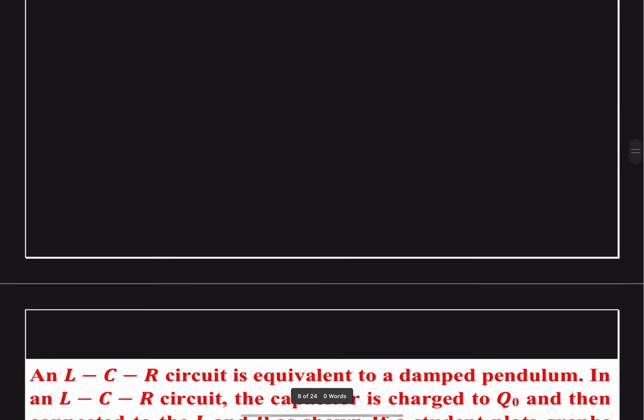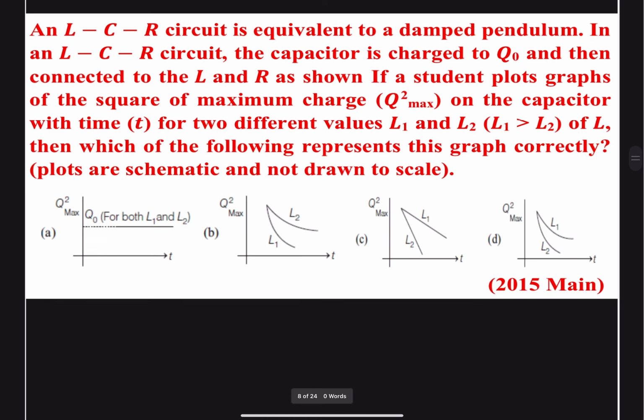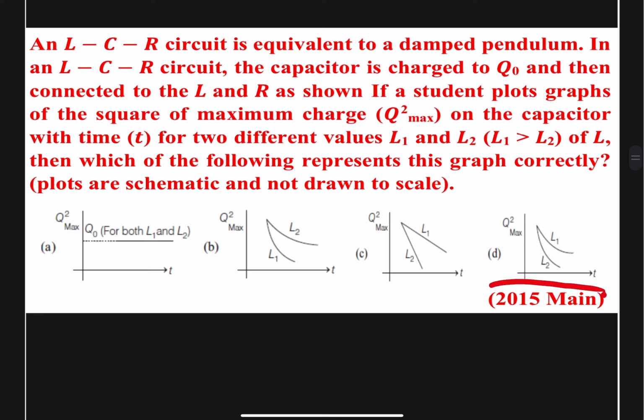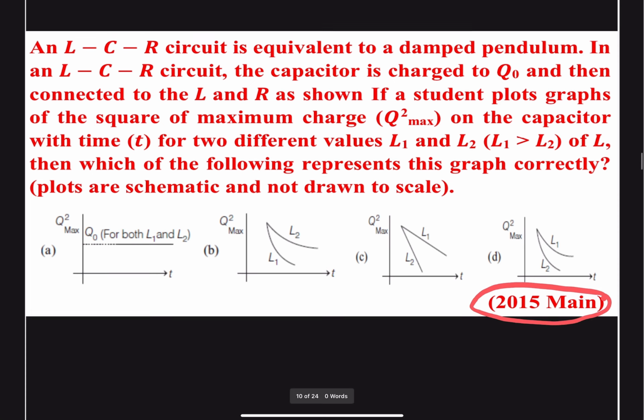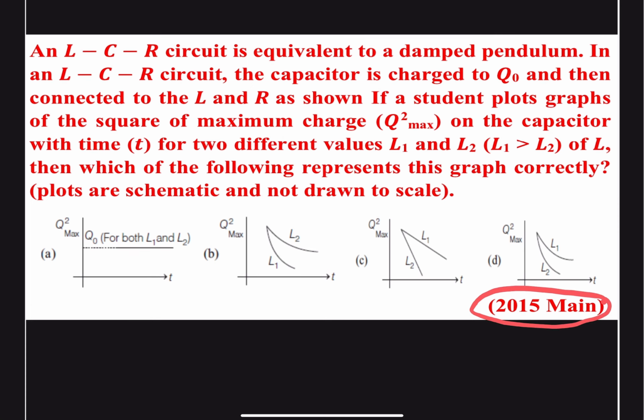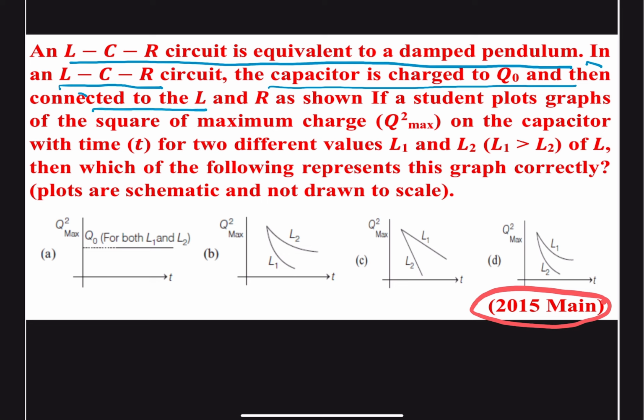Now we come to the next question, and the next question was asked in the year 2050 mains. And here it is said that an LCR circuit is equivalent to the damped pendulum. In the LCR circuit, the capacitor is charged to Q0, then connected to L and R as shown.